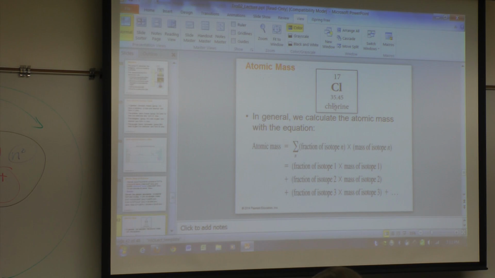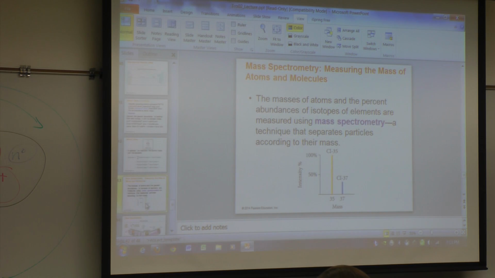So when we look at the atomic mass, the smaller number is referred to as the atomic number, and the larger number is referred to as the atomic mass. The atomic mass is really the sum of the fractions of isotopes in each element.